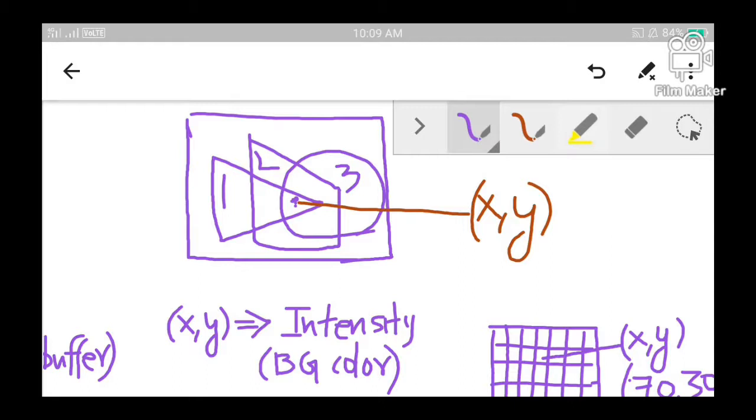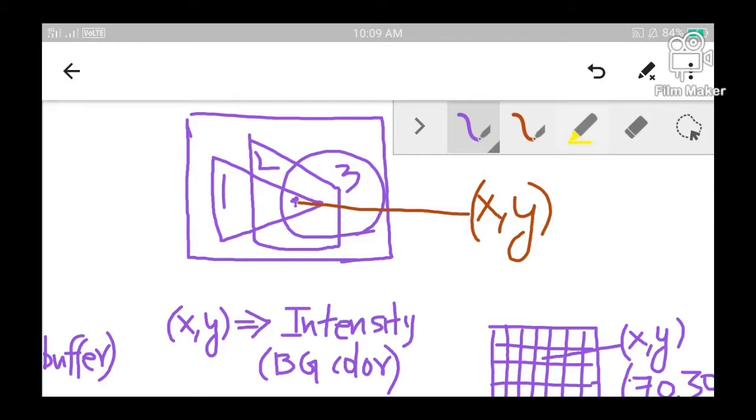For this, I must know the depth value. Whichever surface is nearer with respect to the viewer, out of these three surfaces, whichever surface has lower depth, lower depth means it is nearer to the person, will have to be plotted.